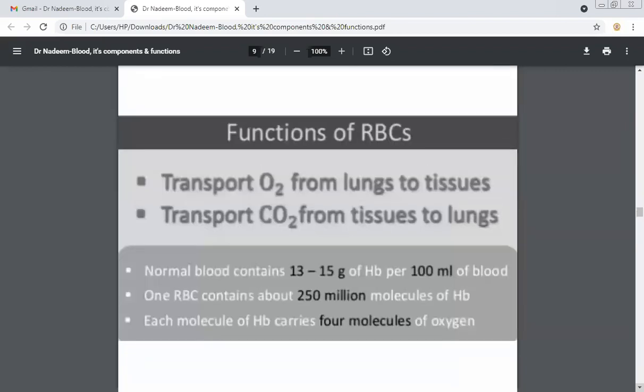What are the functions of RBC? As we studied in the first unit, it transports oxygen from the lungs to different tissues for respiration. It also transports carbon dioxide from the tissues to the lungs. It is a reverse transport phenomenon, the transport of carbon dioxide released as a waste product during respiration in these tissues.